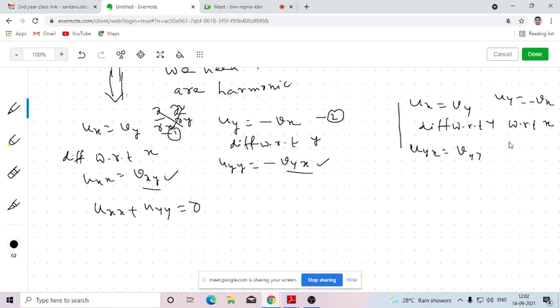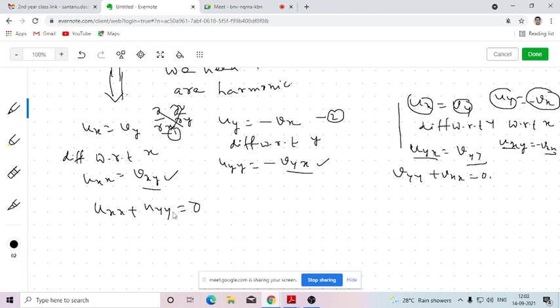What will we get? uy differentiated with respect to x, similarly, uxy, will be equal to minus vxx. Here also these two mixed partial derivatives will be equal, since these four are all continuous as the given function f(z) is analytic. So vyy plus vxx will be equal to 0. So here v and u both are harmonic.